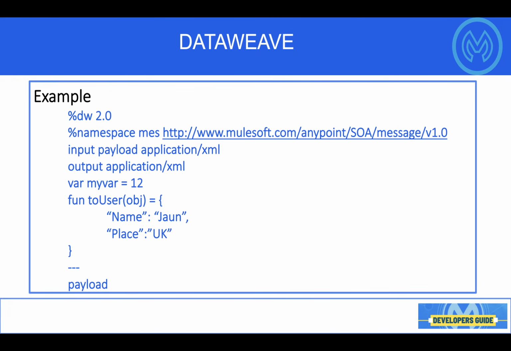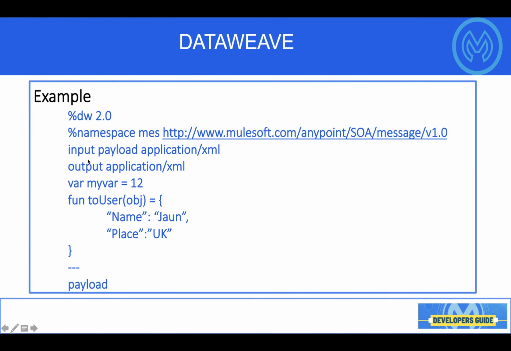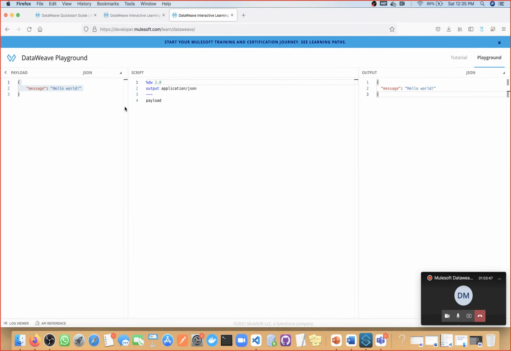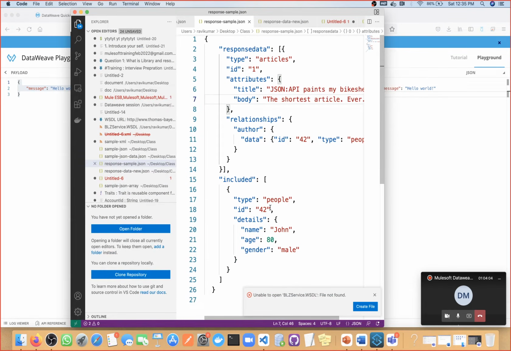We will go to the Dataview playground and we will see. Till this point we have gone through the theoretical part. Now let's go with some practical part also, and then we will move on. What I will do here, I will replace this payload with another payload that I created today for this learning session.